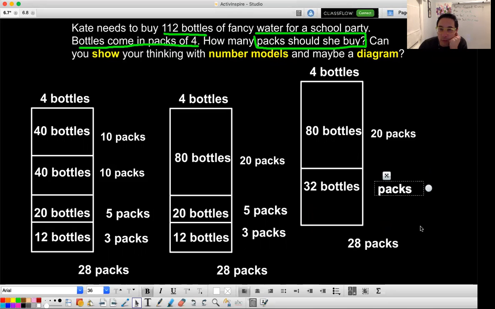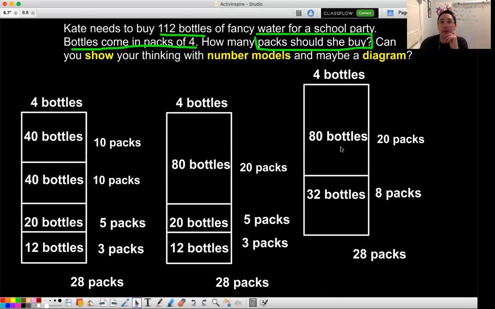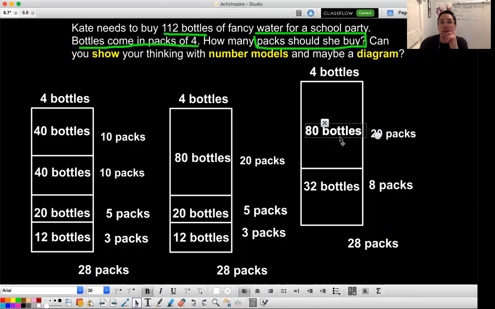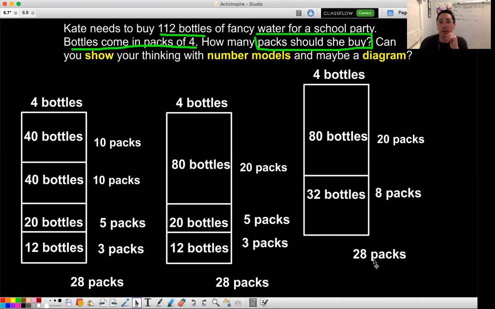Let's see, 4 times 5 is 20, so 4 times 6 is 24, 4 times 7 is 28, 4 times 8 is 32. I have 80 and 32 to get my 112. So I have 28 packs.